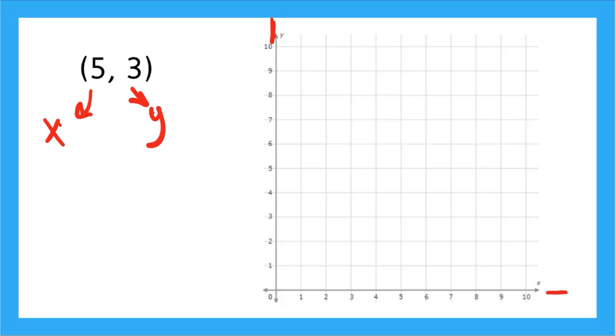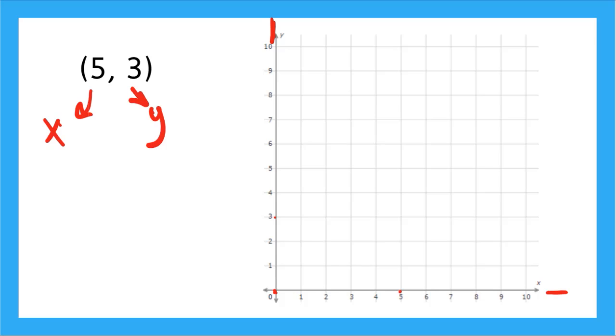To plot the ordered pair 5, 3, we have to find 5 on the x-axis to start. So if I come down to my origin point here, I'm going to move 5 on my x-axis. That's right here. And then I'm going to move 3 on my y-axis. So back at my origin, I go up to 3.